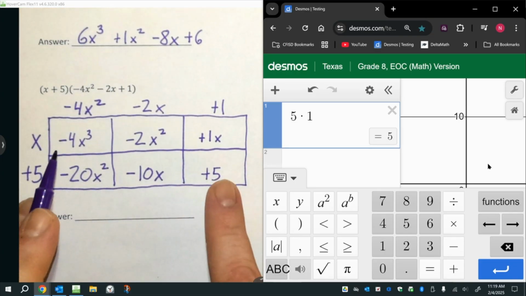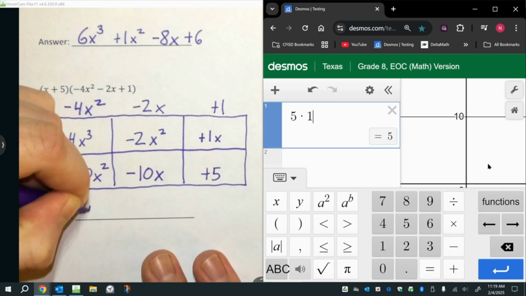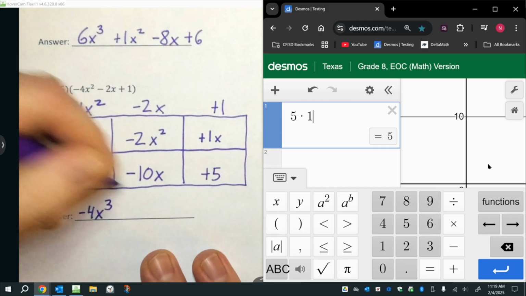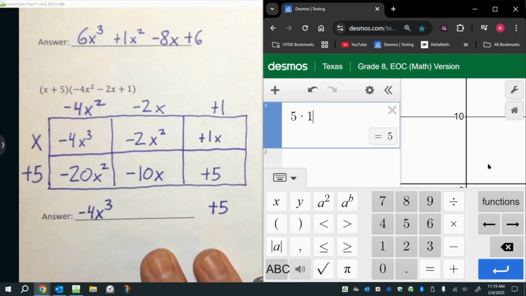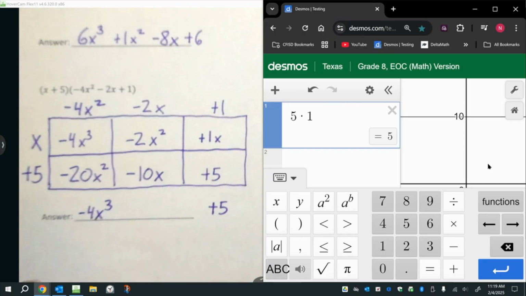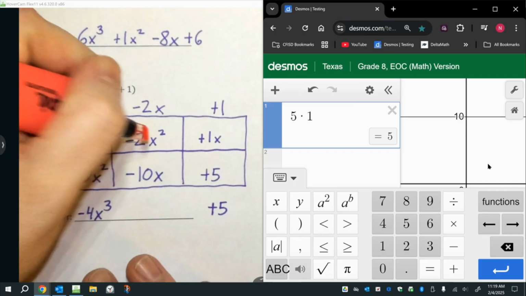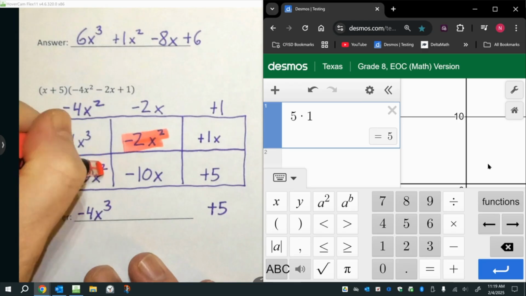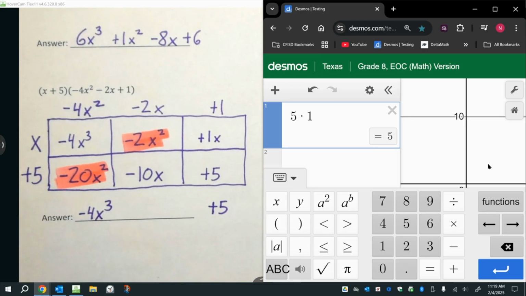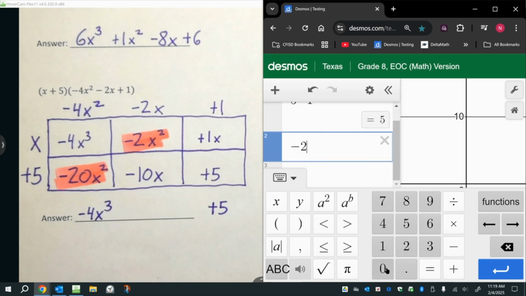Okay, I'm going to write my first and my last. And then I'm going to take the combination of these two. So now we're adding negative 20 added with a negative 2 is negative 22.